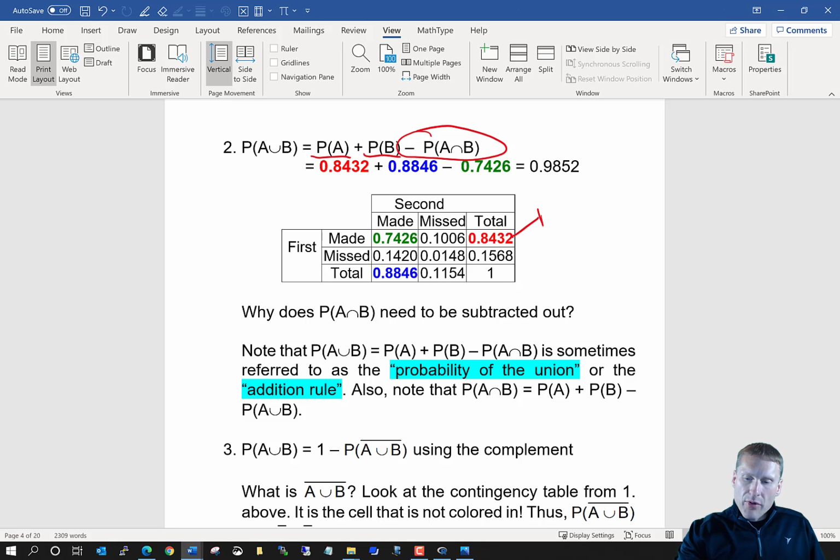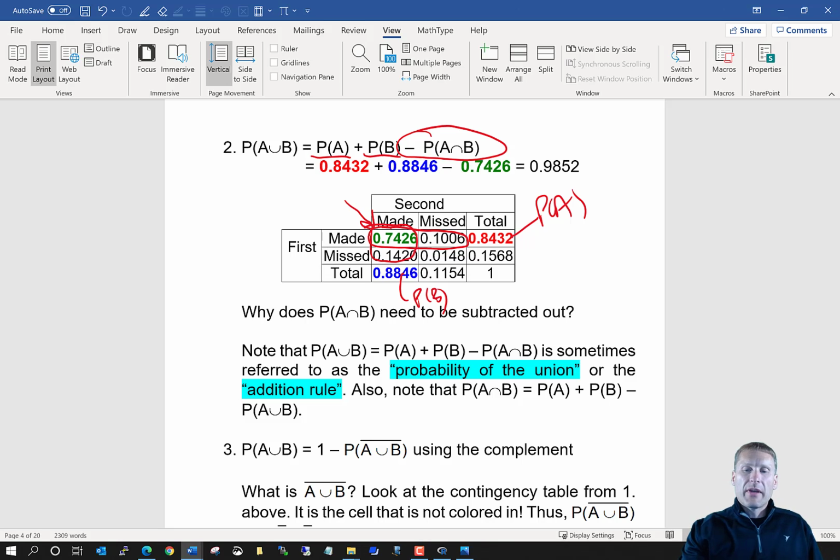Well, here's the probability of A. Here's the probability of B. And notice, to get the probability of A, we needed to add these two probabilities together. To get the probability of B, we need to add these two probabilities together. And look what happens. We've actually added in this probability of A intersect B twice.